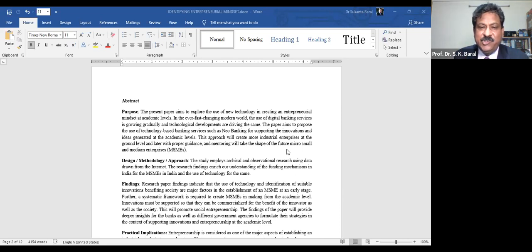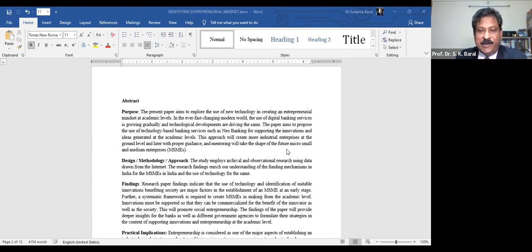In the ever fast changing modern world, the use of digital banking services is growing gradually. I came to entrepreneurship, then digital banking. The paper aims to propose the use of technology-based banking services such as neo-banking for supporting the innovations and ideas generated at academic levels.